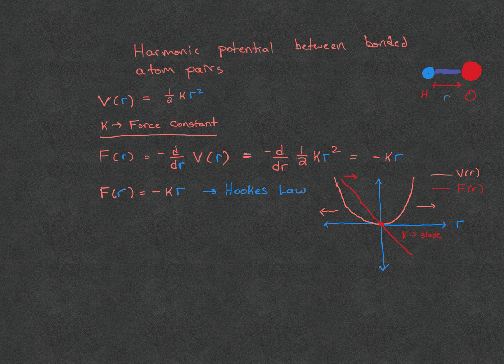If I make the bond shorter than the equilibrium, the force pushes in the opposite direction, back to equilibrium. If I stretch beyond equilibrium, the force becomes negative, which means that the force is pointing to the -r, restoring you back to the equilibrium. So the negative of the derivative of the potential seems to make sense for the direction of the force.